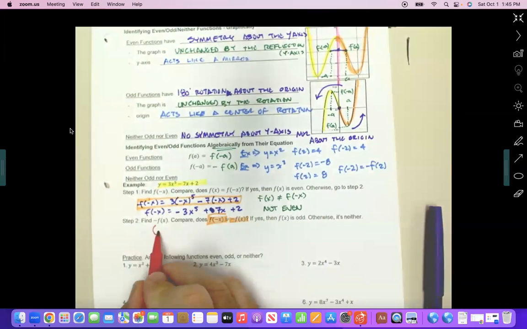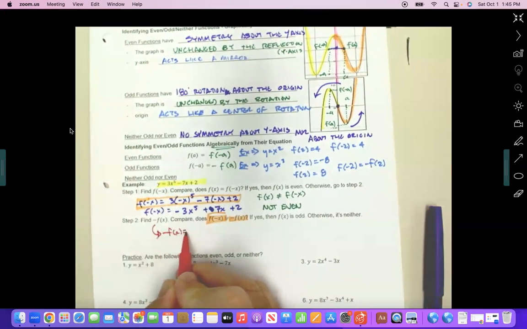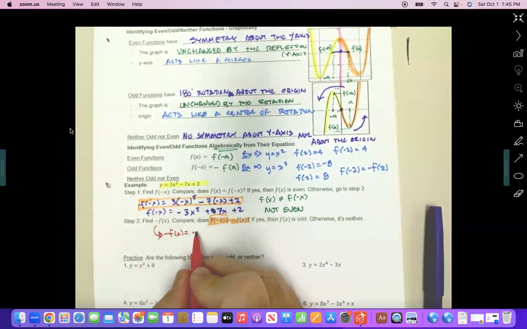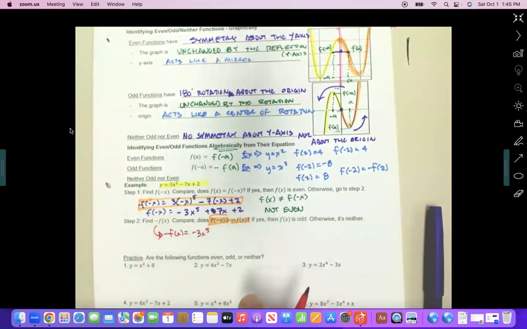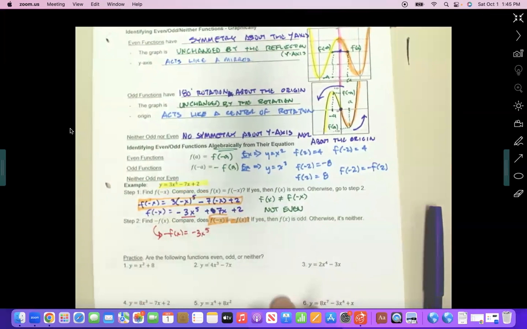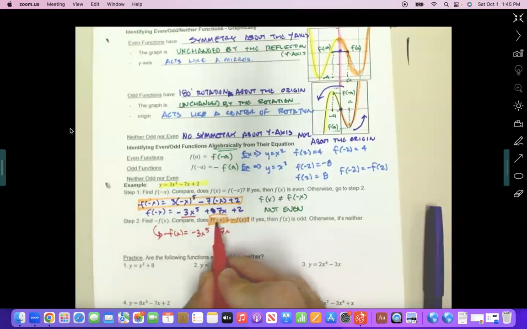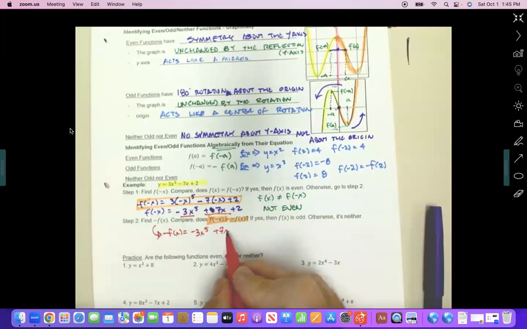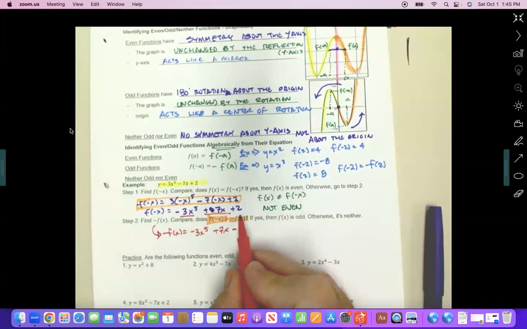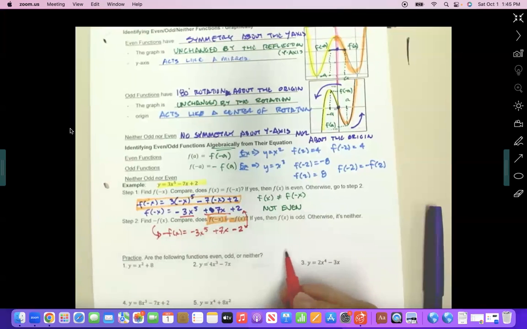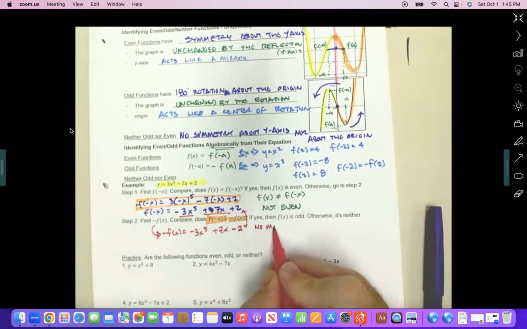When we do the opposite of f of x, it will be the opposite of 3x to the 5th. That does match. The opposite of our next term will be a plus 7x. That matches. And then the opposite of the third term will be a negative 2, but that does not match.